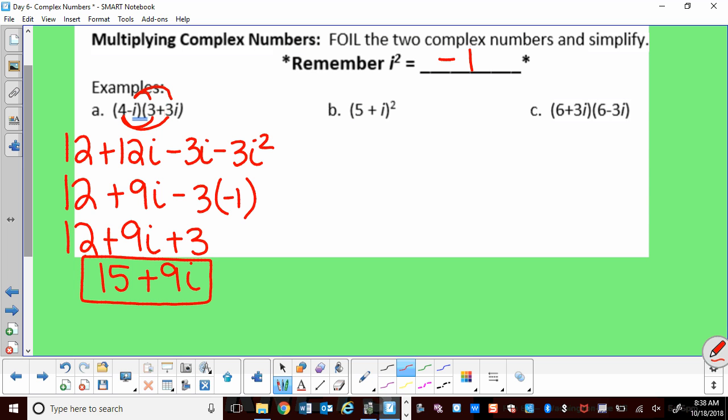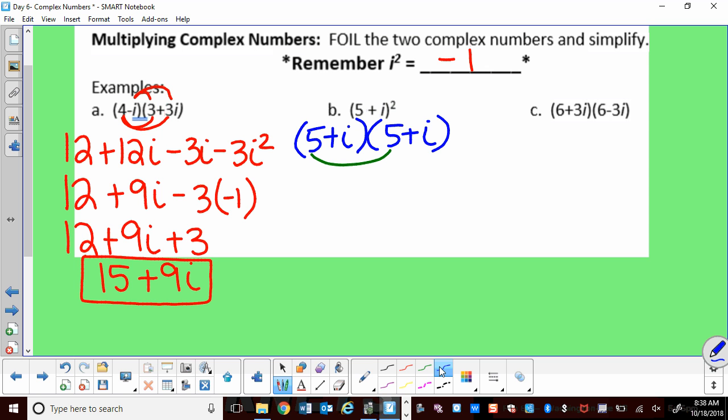Letter B, 5 plus i squared. That does not mean that you distribute that 2 into the 5 and the i. We never do that. This means that we have 5 plus i times 5 plus i. And now I'm going to FOIL. 5 times 5 gives me 25.